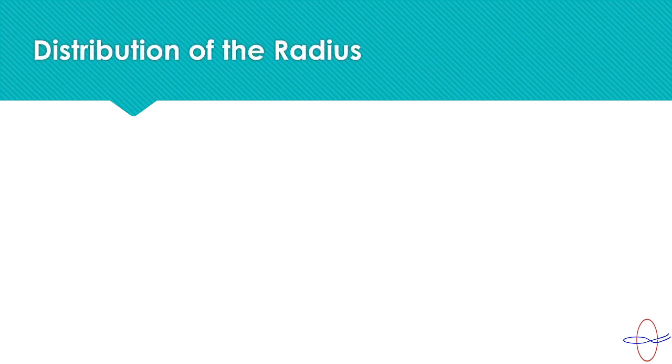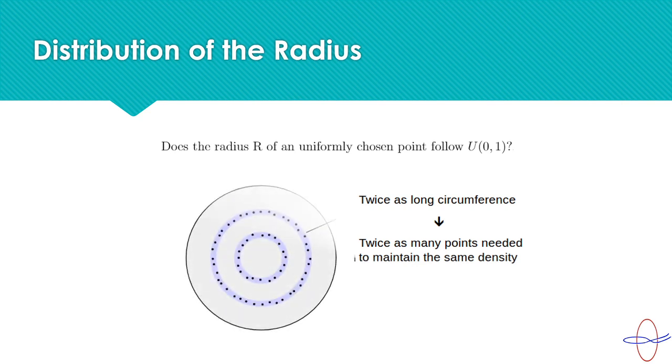Now, the distribution of the radius: what do you think, does it follow a uniform distribution, considering the symmetry of the circle? So the natural question is, does the radius of the uniformly chosen point follow a uniform 0 to 1? No, because of a simple intuitive diagram: if you take a larger radius and take a strip around it, you're trying to calculate the chance of a larger radius.